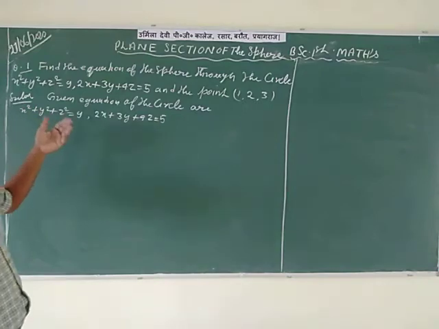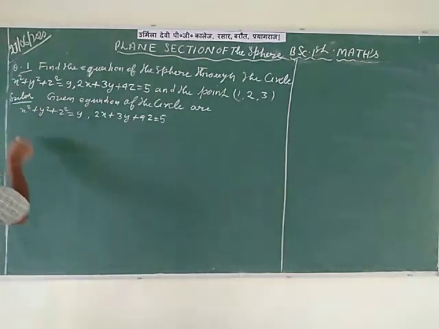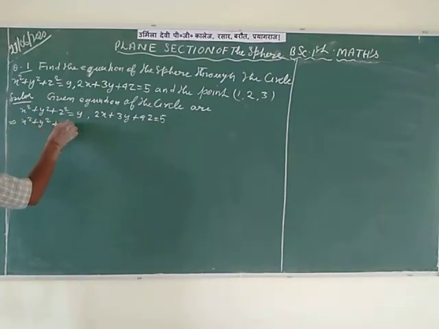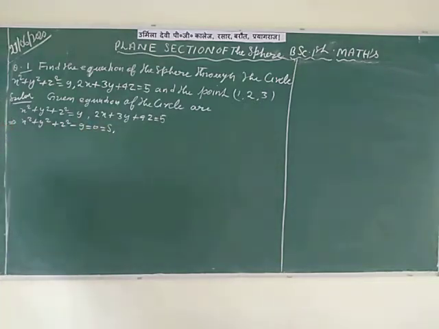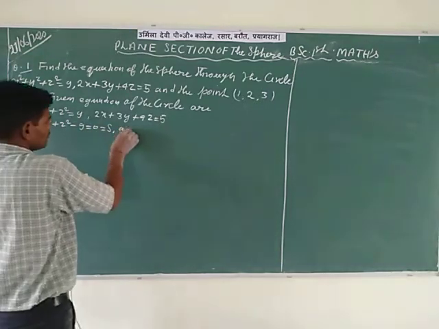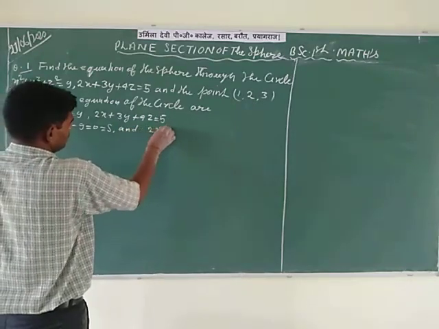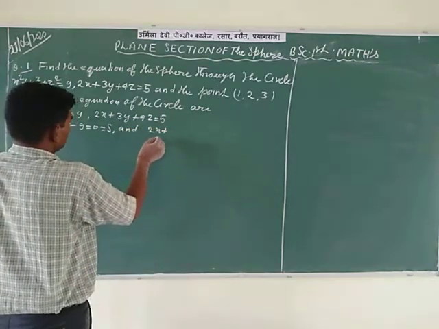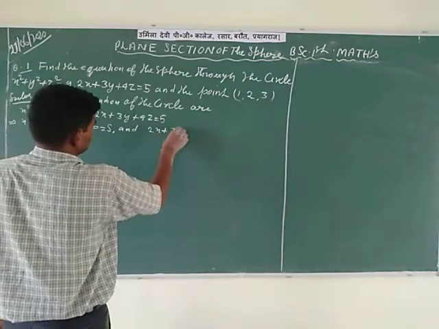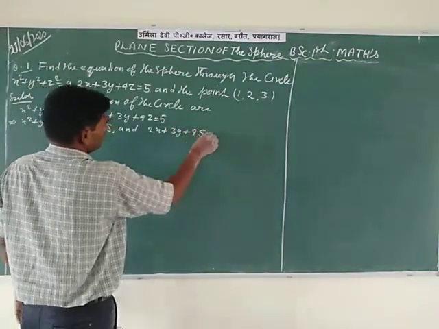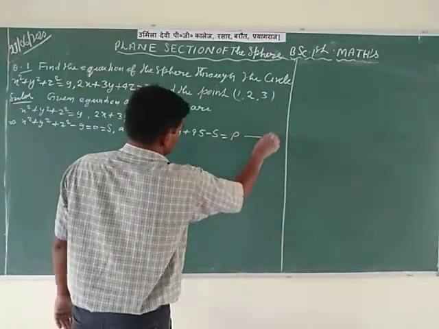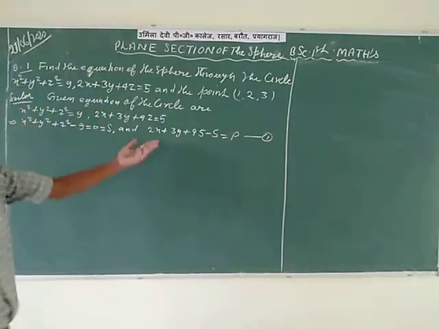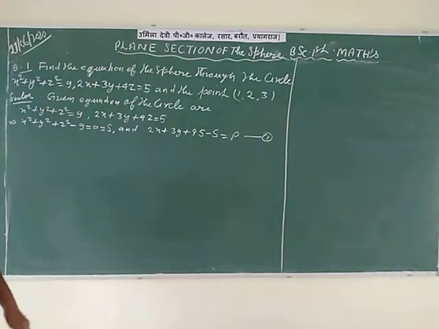So please write in systematic form: x square plus y square plus z square minus 9 is equal to 0 is represented by sphere S, and the plane, denoted by capital P, is 2x plus 3y plus 4z minus 5, which is equation second. So second is the plane equation and first is the sphere.